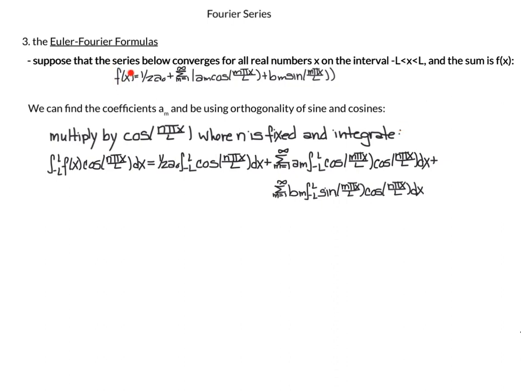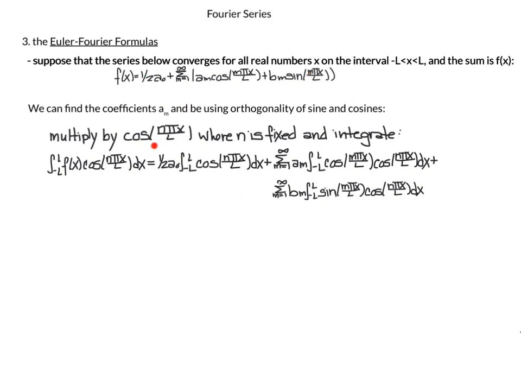So we multiply the left-hand side of our equation here by cosine n pi x over L, and then integrating, we're going to get the integral of f of x times cosine n pi x over L. And then that's going to equal, and we're going to do the same thing to the right-hand side.